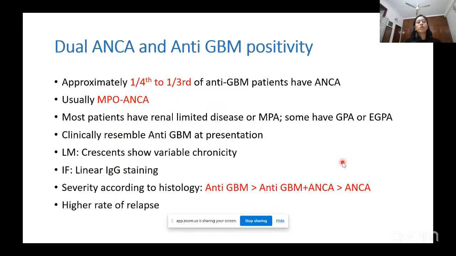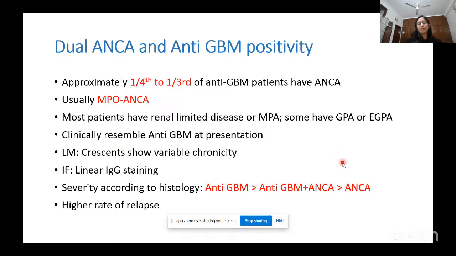Now, coming to a dual ANCA and anti-GBM positivity, approximately one-fourth to one-third of these cases usually have a dual positivity, and it is usually of the MPO ANCA type. They will clinically resemble anti-GBM disease at presentation. And the important thing to pick up in the biopsy is that the crescents will be of variable chronicity.